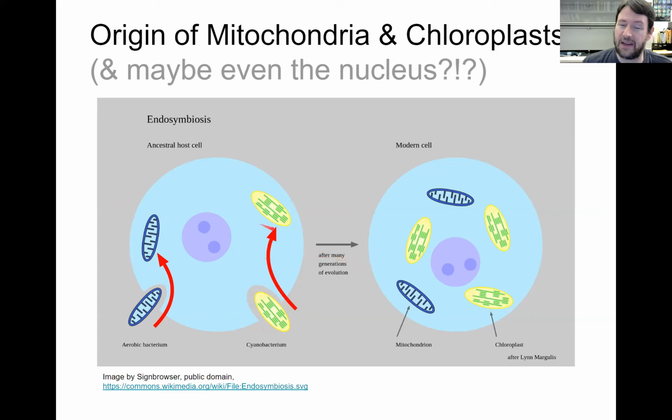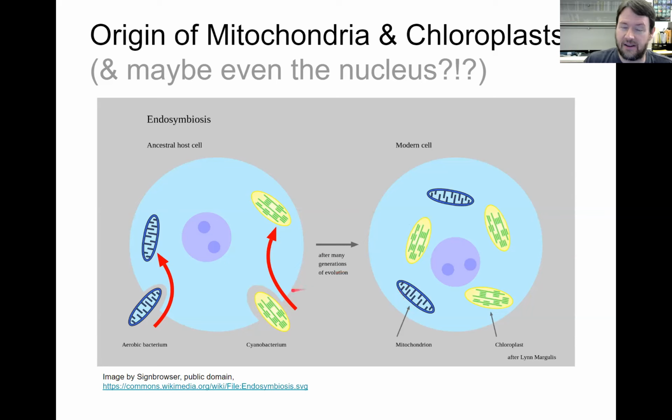Those cells, instead of being digested, that host cell kept them alive and allowed them to grow and multiply. Inside of the cell, it offered some protection, but it also gained some function, some more efficient metabolic strategies like photosynthesis and aerobic cellular respiration.